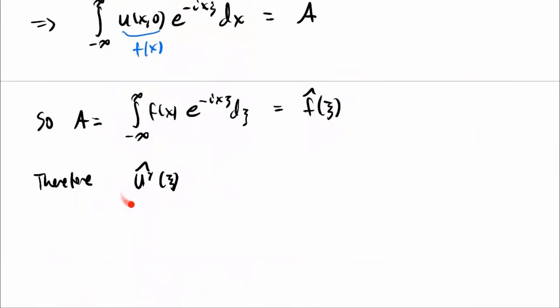And so the Fourier transform in x of our solution u with y fixed, at the point c, is given by f hat of c times e to the minus absolute value of c times y. Right. Okay, but now we're going to apply the Fourier inversion theorem.